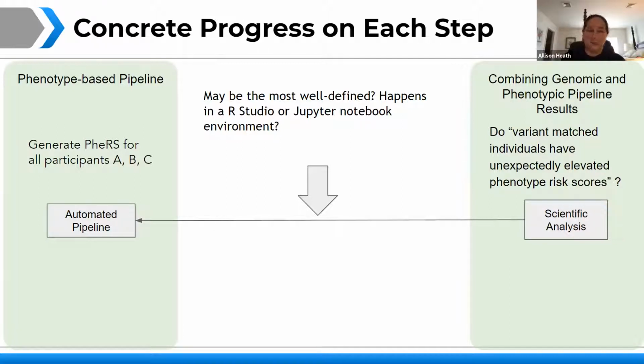But you always get surprises when you try to go through these use cases for real. And really, to be able to answer that scientific question, do those variant matched individuals have unexpected elevated phenotypic risk scores, and to start digging into and understanding the scientific part there. And so I think you could legitimately say that's probably the practical end-to-end use case that we need to do.